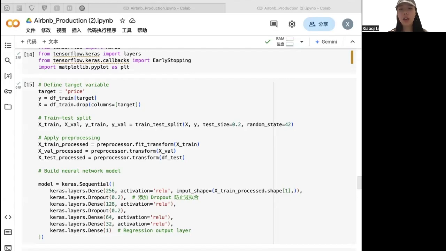Hidden layer 2 is 64 neurons with ReLU activation, and hidden layer 3 is 32 neurons with ReLU activation, and output layer is 1 neuron for regression tasks. This multi-layer design aims to capture complex patterns in the data while reducing the risk of overfitting through dropout layers.